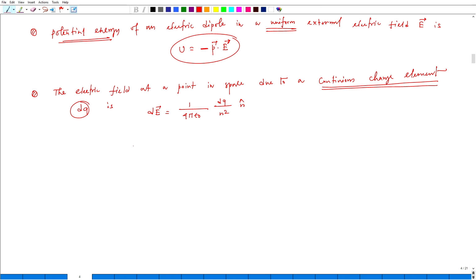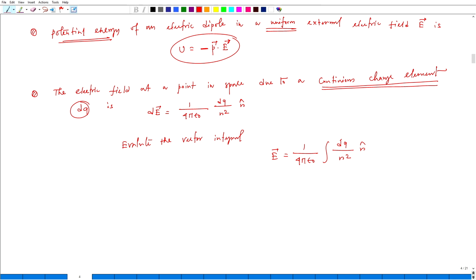So we evaluate the vector integral: E vector = integral of 1 over 4 pi epsilon naught, dq over r square, r cap, integrated over all the r. Here r is the distance from dq to the point.